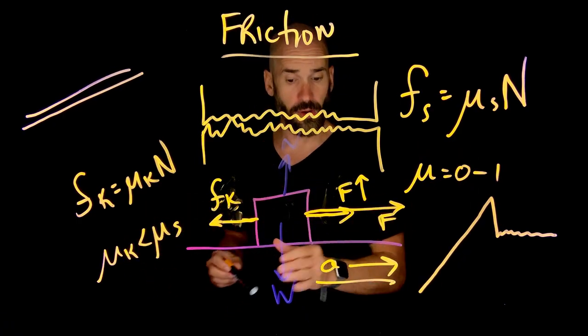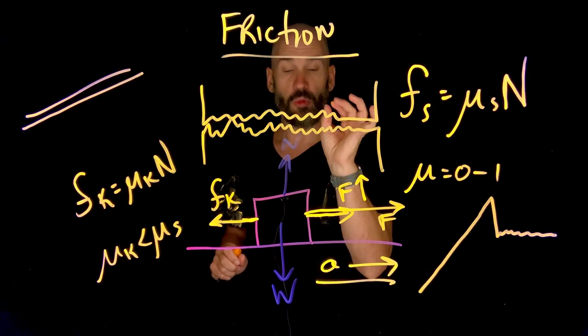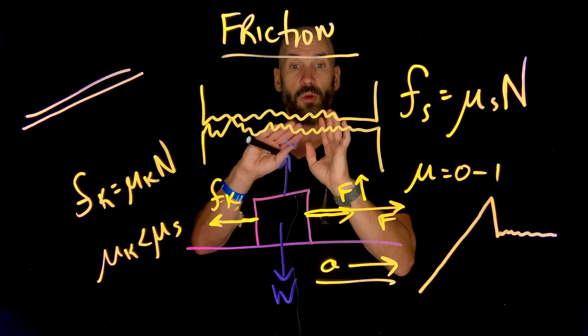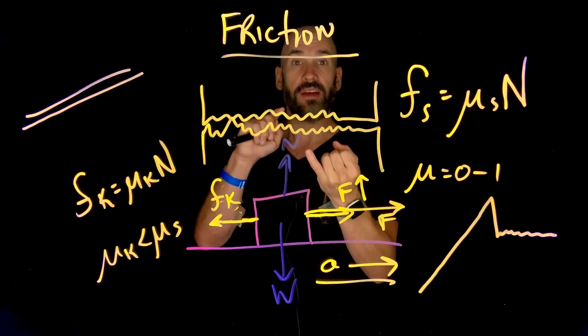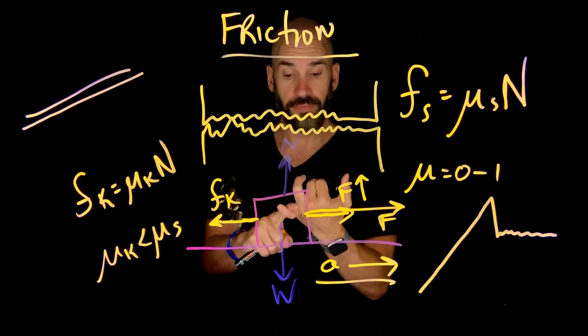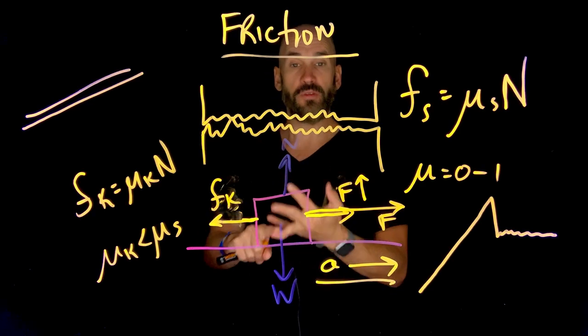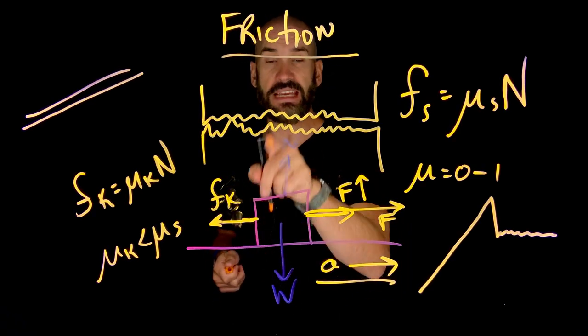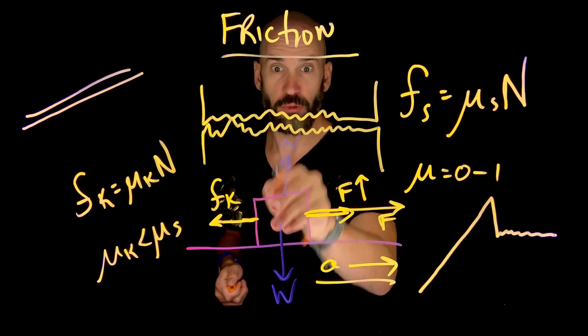Okay, so the big takeaway here is that once you're moving, the force of friction is a little bit lower, and that once you're moving, there will always be some resistive force existing because of this roughness between these two surfaces.